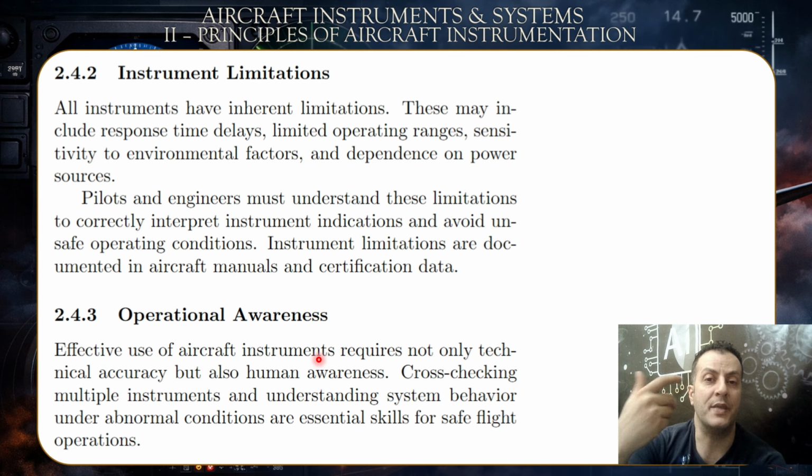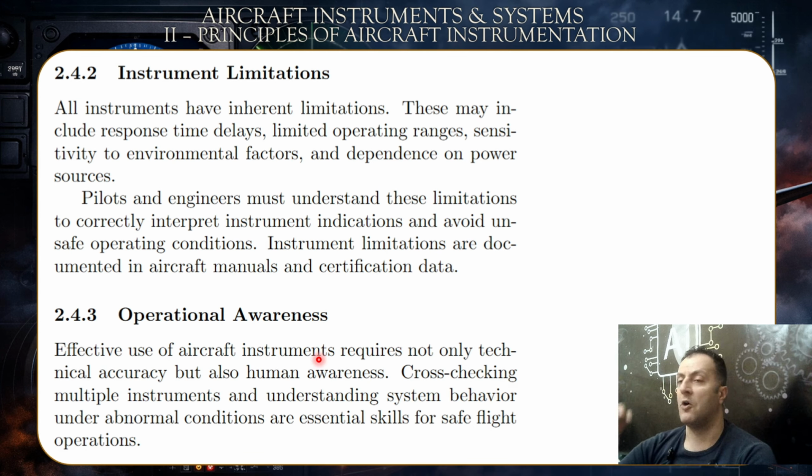We need to be aware, for example, of the lag, the delay between the actual altitude of your airplane and the value of the altitude being displayed on the altimeter at that moment. Cross-checking multiple instruments and understanding system behavior under abnormal conditions are essential skills for safe flight operations.